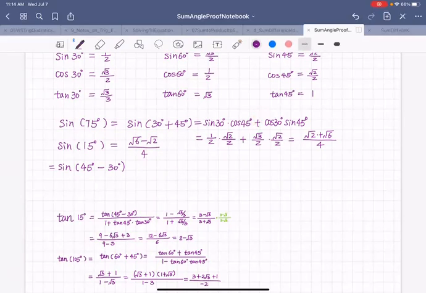Yes. So sine 45 degrees times cosine 30 degrees minus cosine 45 degrees times sine 30 degrees.